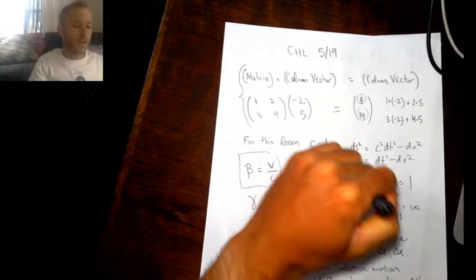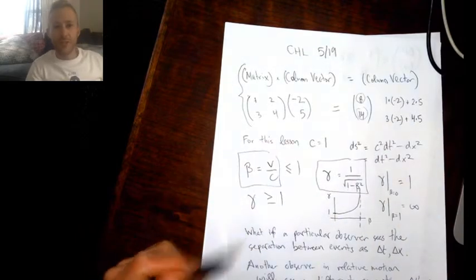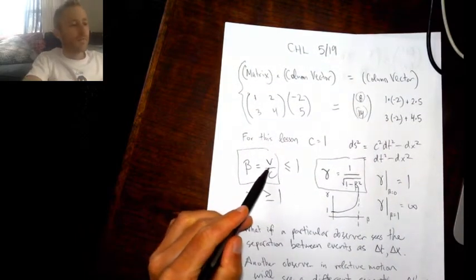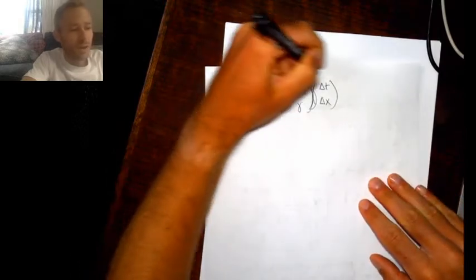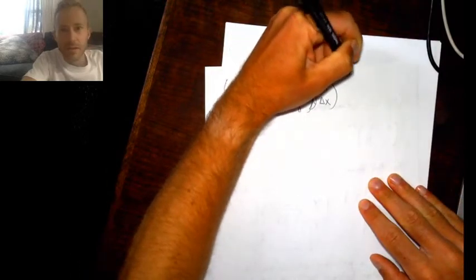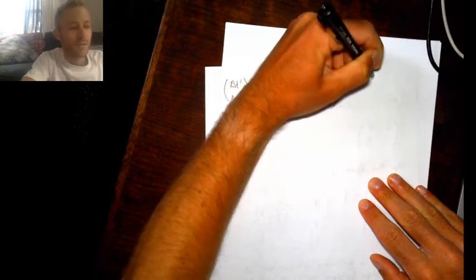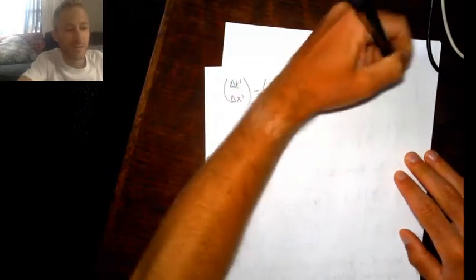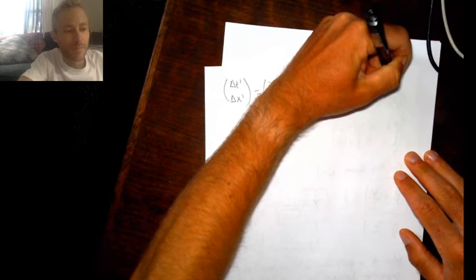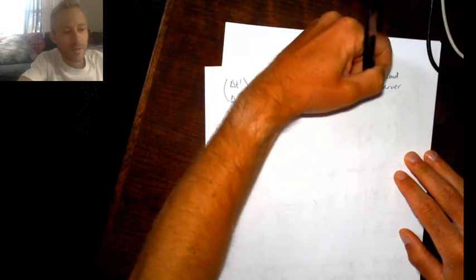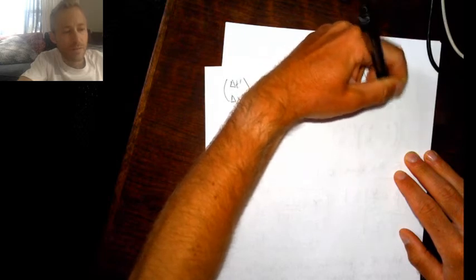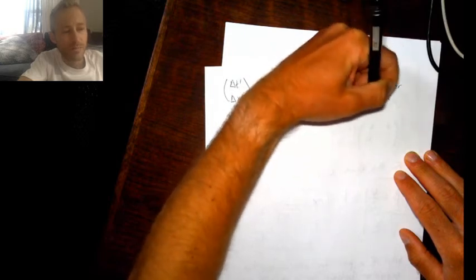Okay, and so the velocity here, this beta, is the velocity of the second observer relative to the first observer.